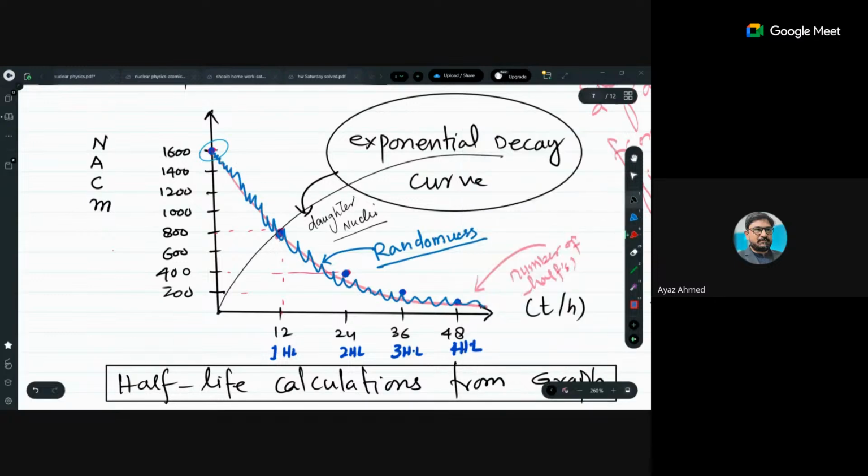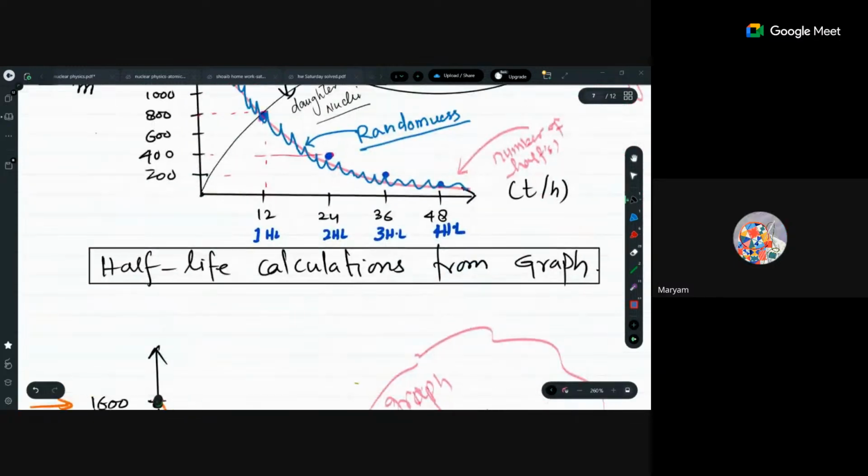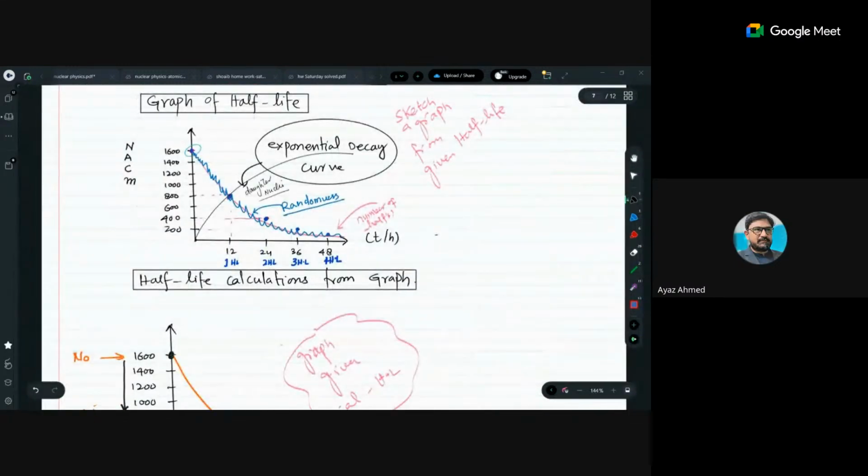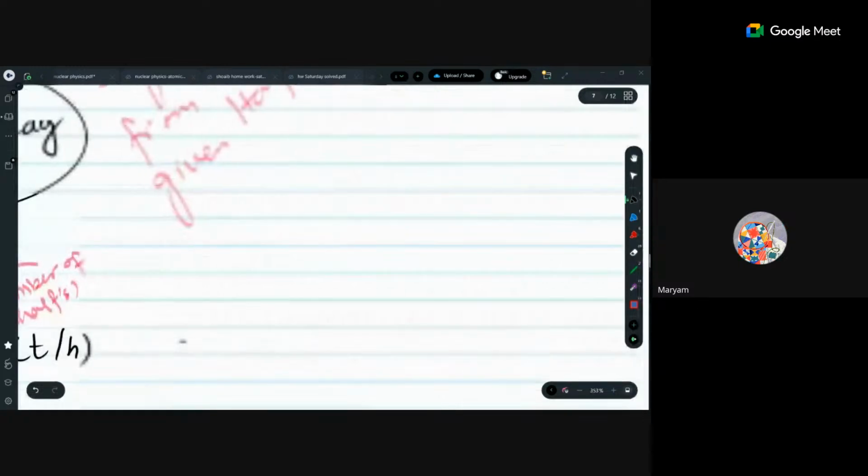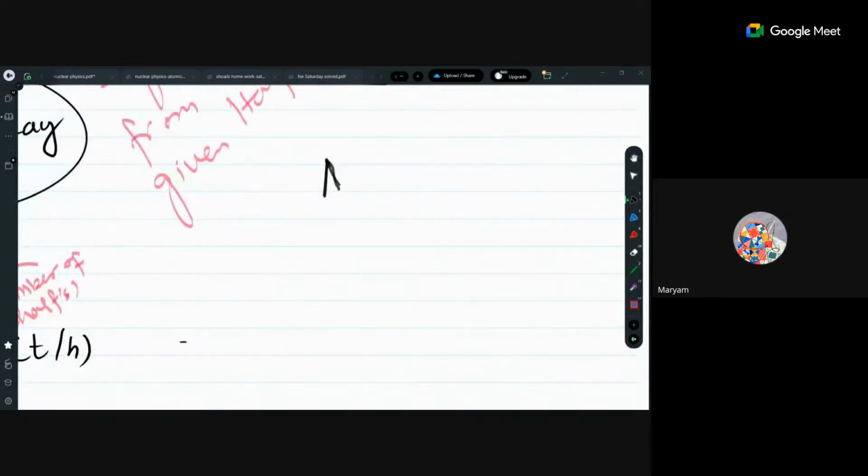Okay, let's discuss that in detail because in the last lesson we did not have too much time. Here I will just give you a table, and from that table you have to tell me something. These are the original number of nuclei, these are the remaining number of nuclei, and these are the decayed nuclei.